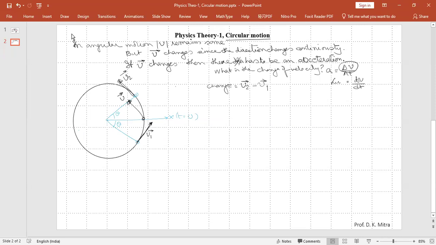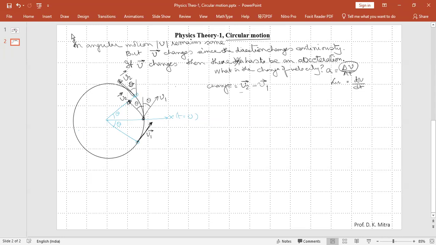The result will be all right if the original actual v2 and the translated v2 are parallel. This angle is theta. And v1 we translate to here. This is v1. This angle is also theta.